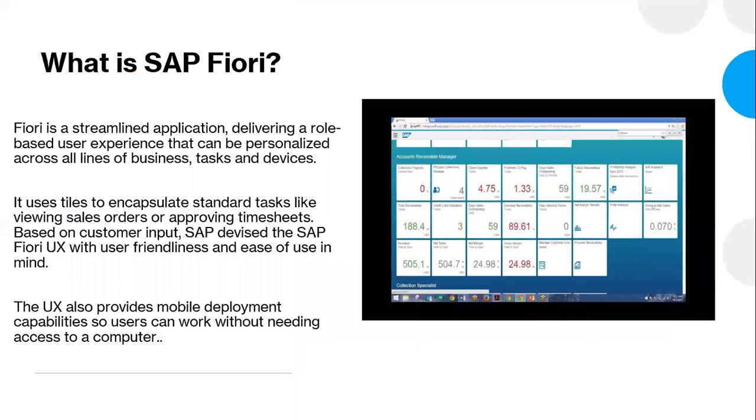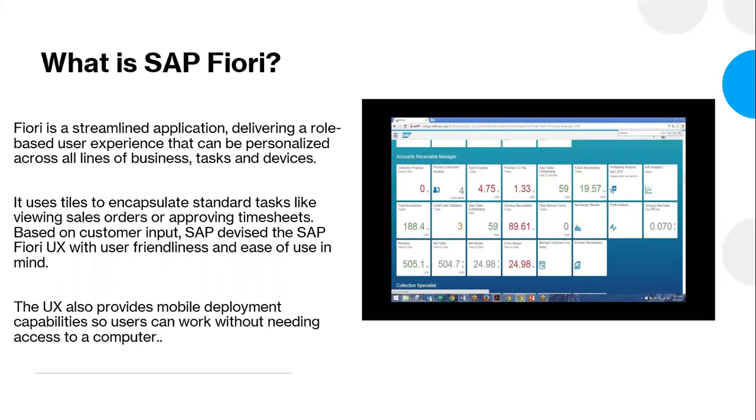Okay, so one of the major achievements of the S4HANA software is the introduction of Fiori. And this is actually one of the major advantages SAP has over other software in the market. Now, Fiori is very beautiful, it's smart, it's fast, it's on the go.